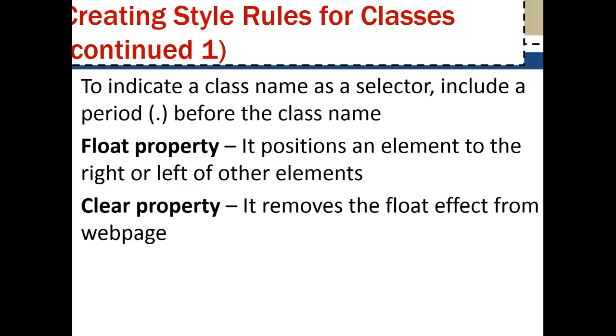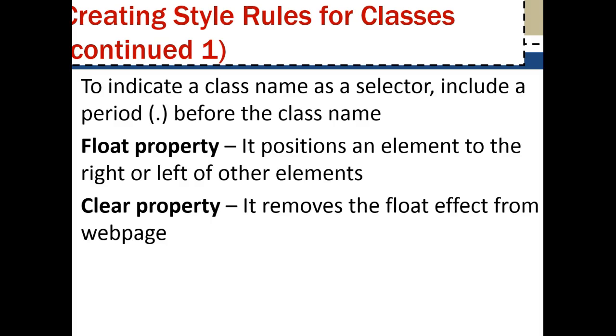If we don't want the text, such as a heading, to wrap around the image, we can use something called the clear property. It can remove the float effect from the web page. The valid values for the clear property are right, left, and both.